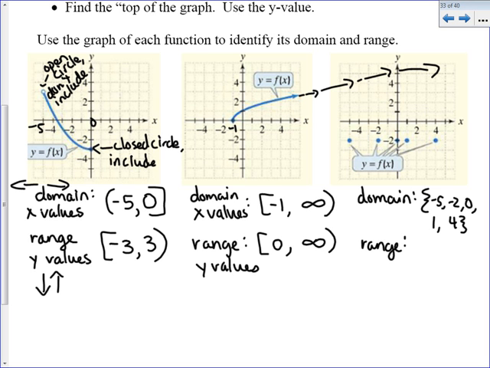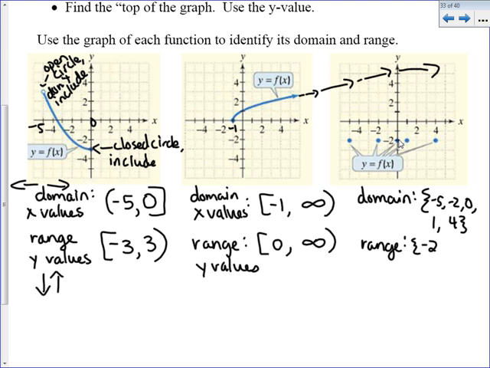And then the range is again going to be a set. So now I need the y values for each of these points. So this first point, what's the y value here? -2. The second point, what's the y value? -2. The next point, what's the y value? -2.